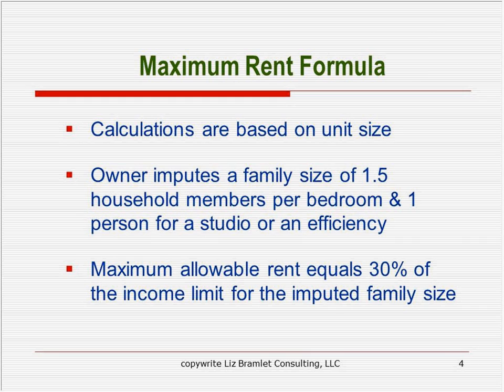We're told by the IRS that we are supposed to impute, or pretend, a household size of 1.5 persons per bedroom, and one person for a studio or efficiency apartment. And allowable rent is 30% of the project's income limit for that imputed or pretend household size.